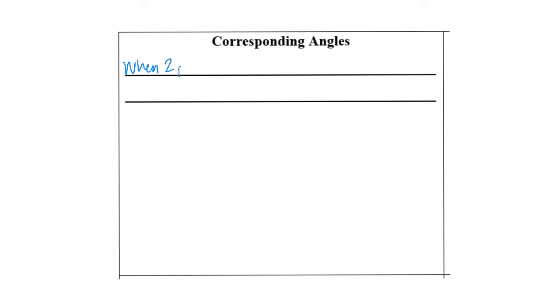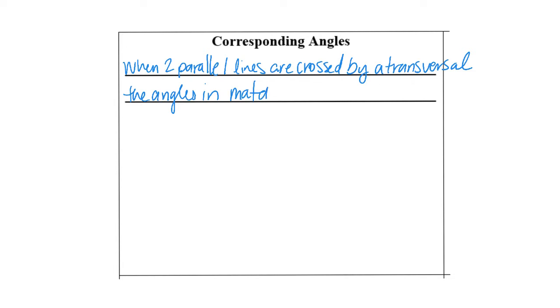So when two parallel lines are crossed by a transversal, the angles in matching corners are corresponding, which I know is our word, and congruent.